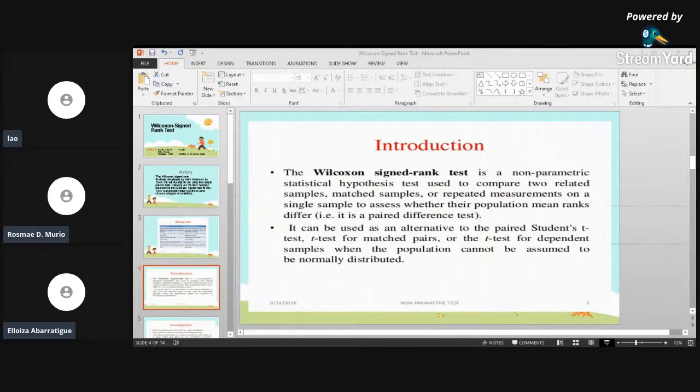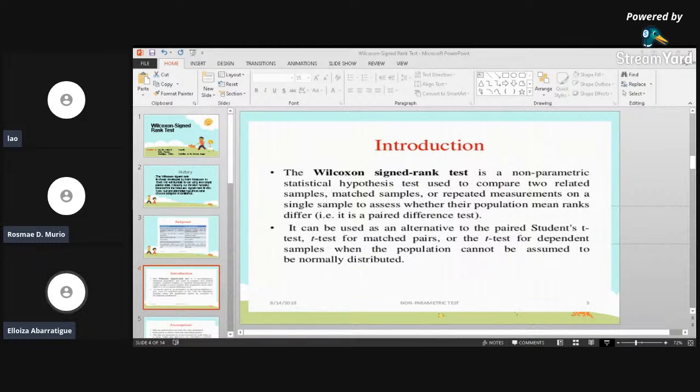Next is the introduction. The Wilcoxon signed rank test is a non-parametric statistical hypothesis test used to compare related or matching samples, or repeated measurements on a single sample, to assess whether the population mean ranks differ.